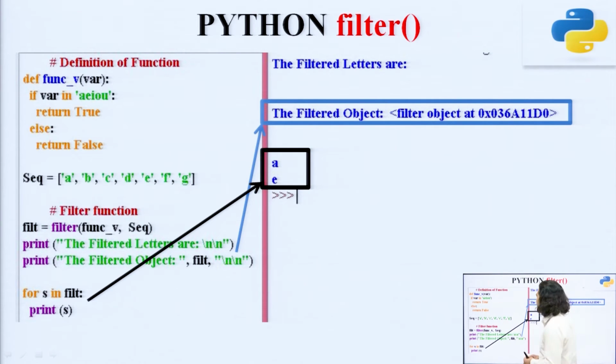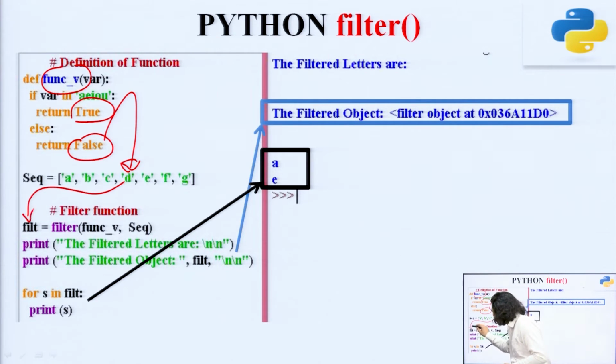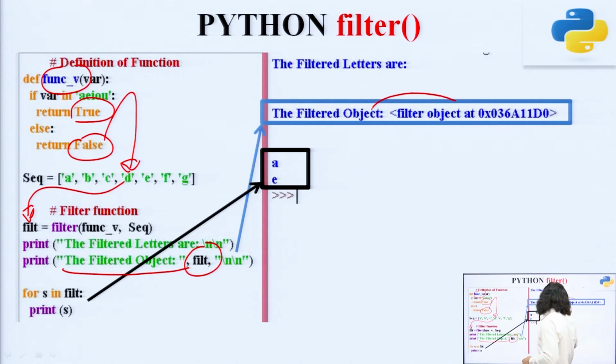Here you can see that this function v is providing true and false, and on this basis we apply it to this collection of data, which is directly stored in the object referred to as the filter object. The next thing is very important while looking at this output: the filter object is represented in terms of memory.